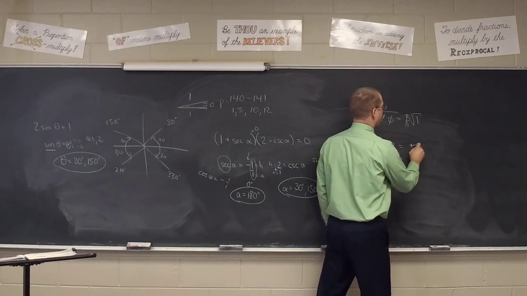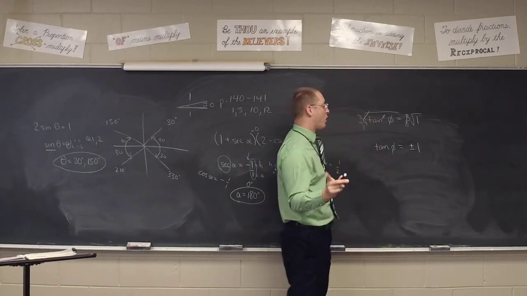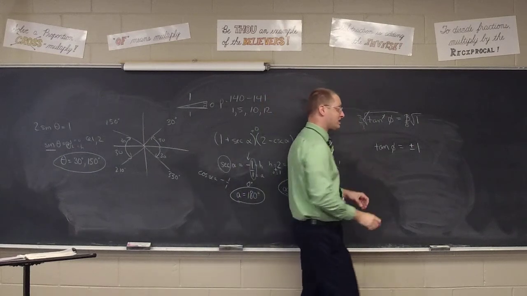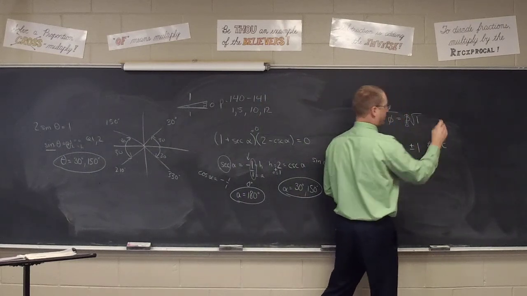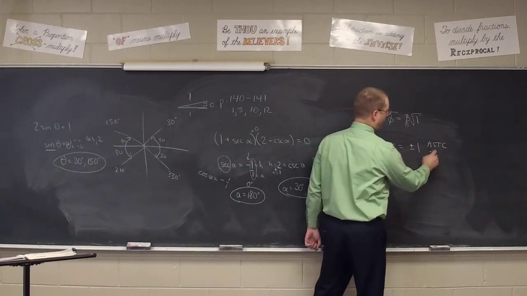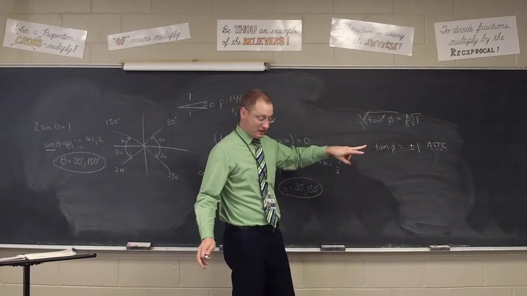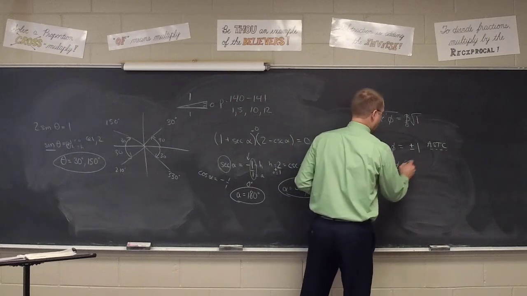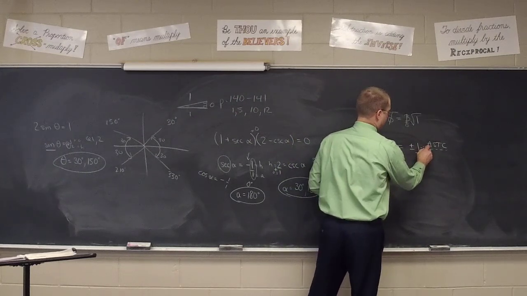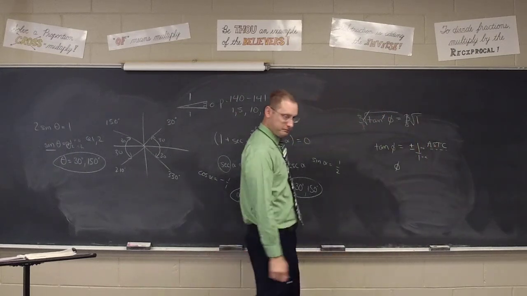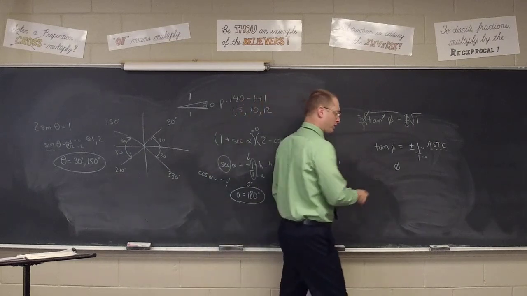Positive, negative. Don't lose your positive, negative, which means ASTC, which quadrants are we in? All 4. And if you don't remember the positive, negative, you're going to lose 2 of your answers. Does that make sense? When is tangent, opposite over adjacent, 1?